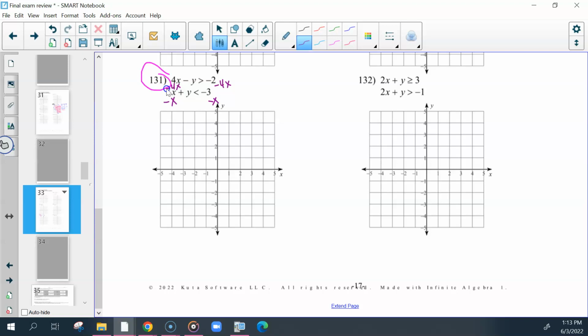So this would be negative y is greater than negative 4x minus 2. And y is less than negative x minus 2. The first one we would still need to get y by itself, so divide everything by negative 1. So y is now less than positive 4x plus 2.